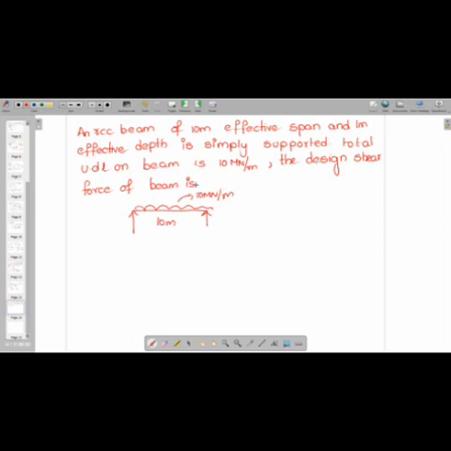And effective depth is 1 meter. Okay. What will be the total force? What will be the total shear force? Can anyone tell me?